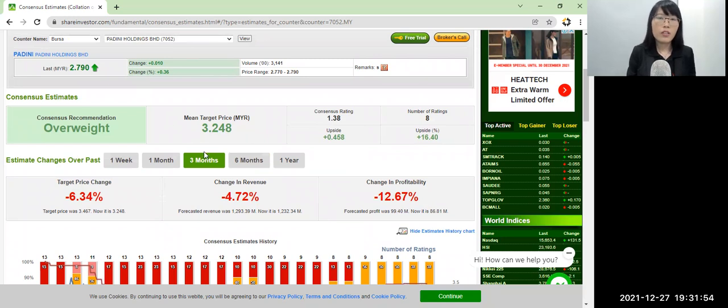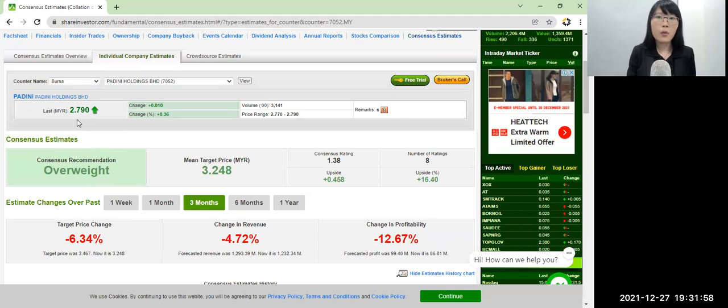So now we can see that the last price was at 2.79 ringgit. And the consensus recommendation is overweight, means the target price at 3.248 ringgit. And there are 8 ratings given.